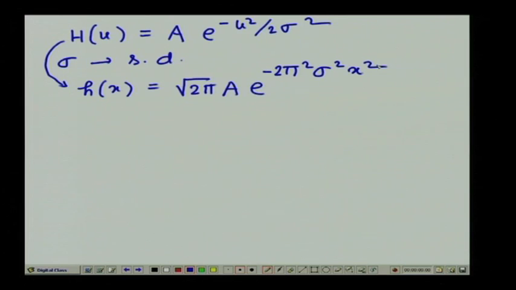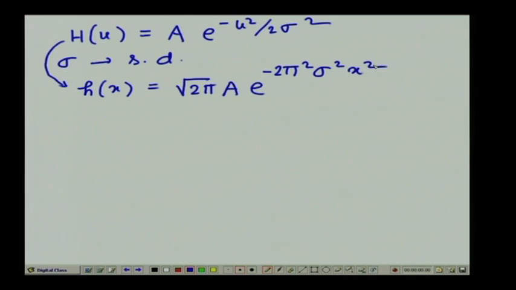Now, if you analyze these two functions, H u in the frequency domain and h x in the spatial domain, you find that both these functions are Gaussian as well as real. And not only that, both these functions behave reciprocally with each other.